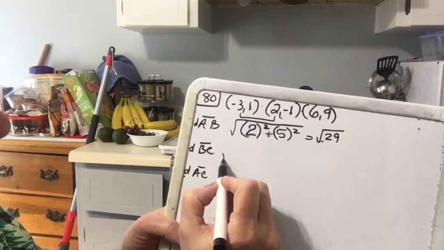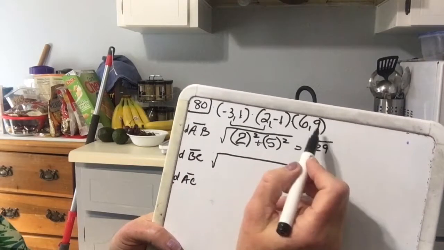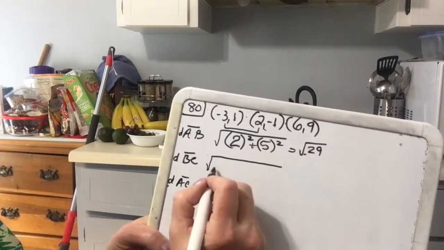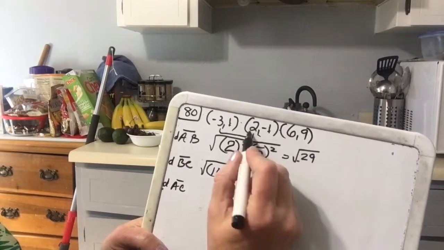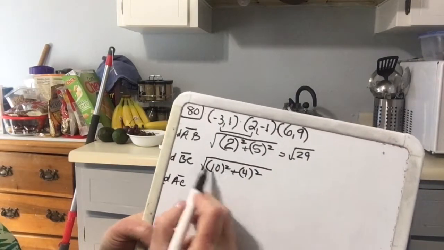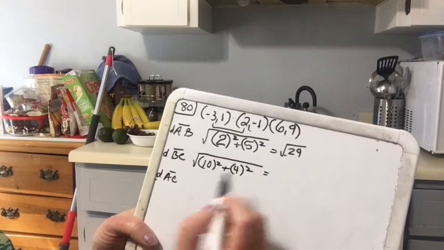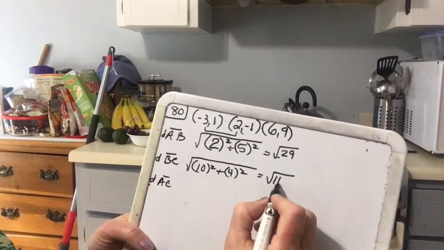And then here, we're going to do BC. Okay, so the distance between a -1 and a 9 is actually 10. So we got a 10 squared. And the distance between a 6 and a 2 is a 4. Okay, so the square root of all of this will give us the distance between these 2 points, which is going to be the square root of 116.